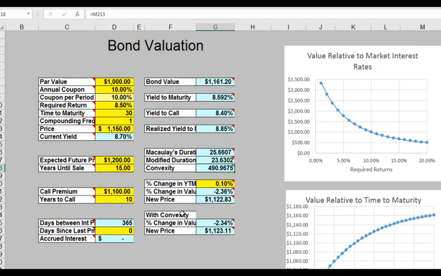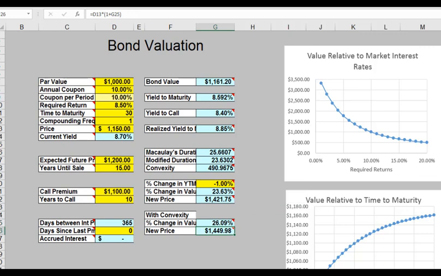If you look at convexity, the actual change in value is slightly different. Let's say it's a -1 price change. It's going to go up 23.63 with just duration, but in reality, it's going to go up more, 26%, with respect to convexity.